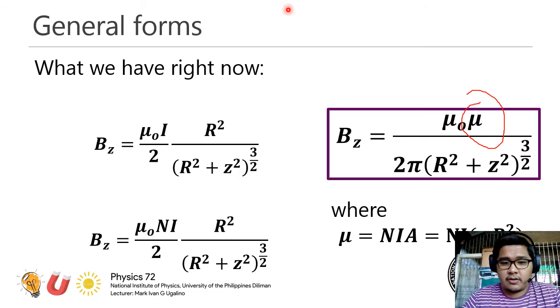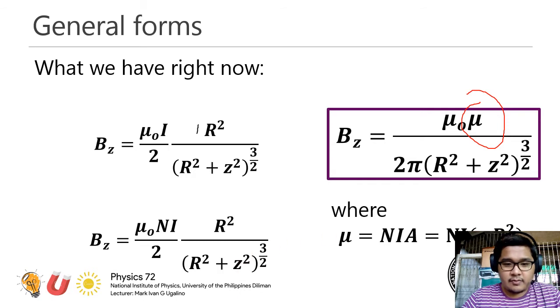Okay, so the way for us to obtain this general form for different loops is by writing this down in terms of this form. So there is an Ni pi r squared.